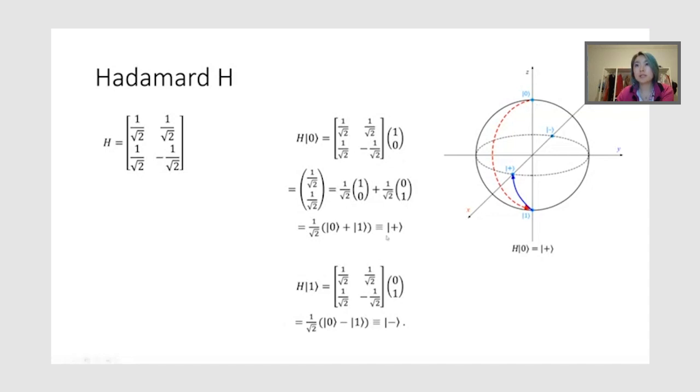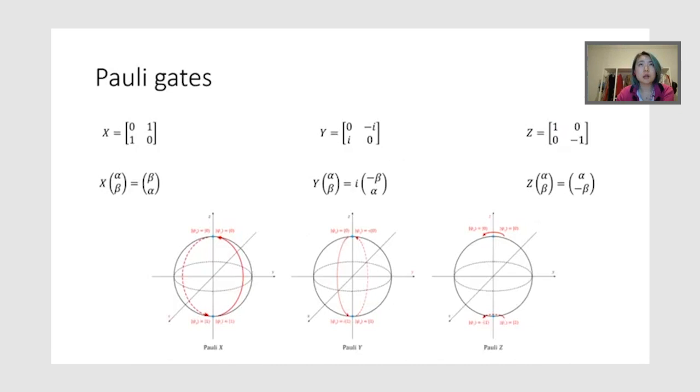We call them the plus state and minus state. This is a single qubit gate. And we also introduced the X, Y, Z Pauli gates that are also single qubit gates. They can rotate your state around the X, Y, and Z axes.